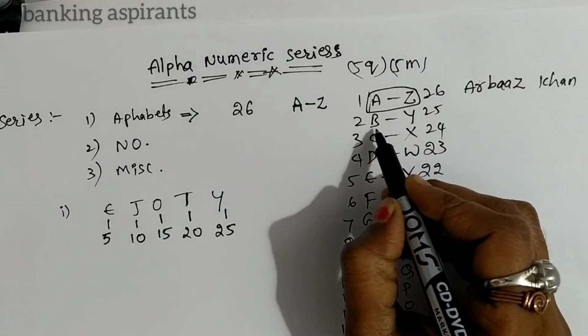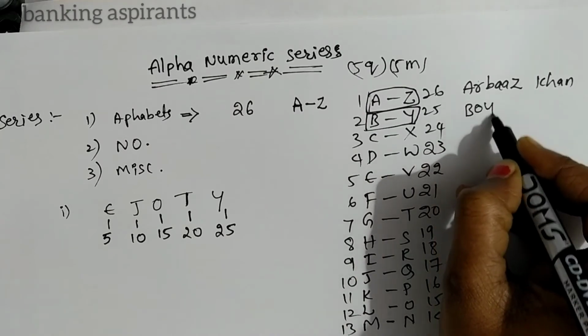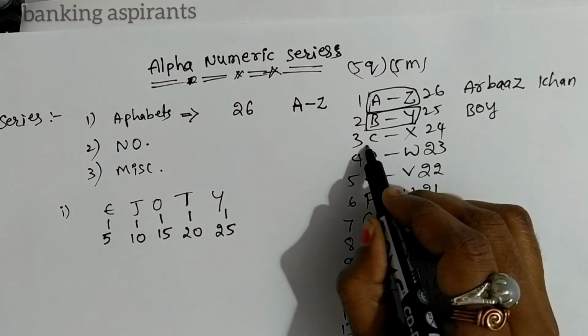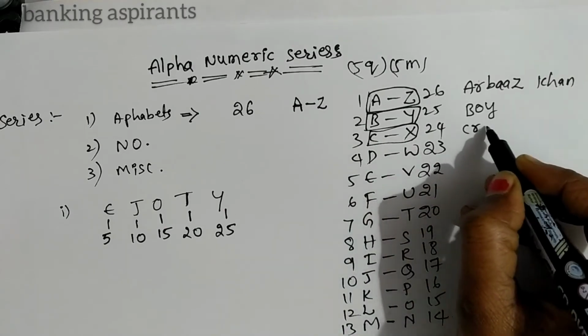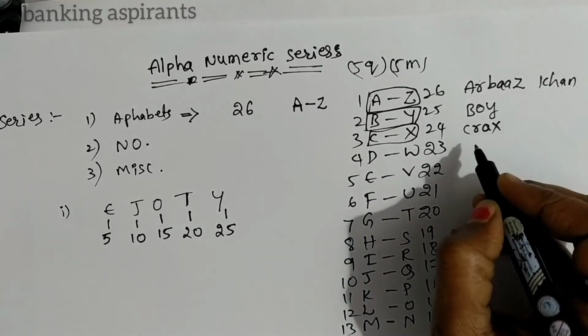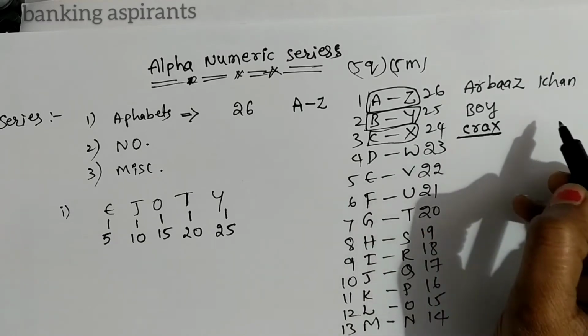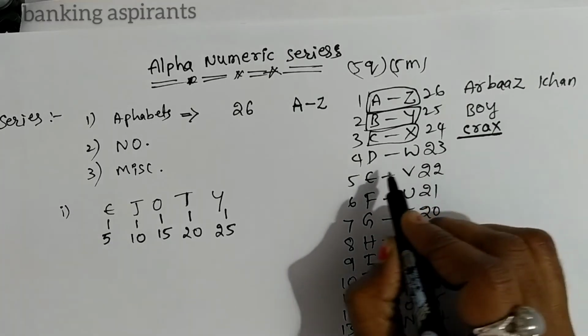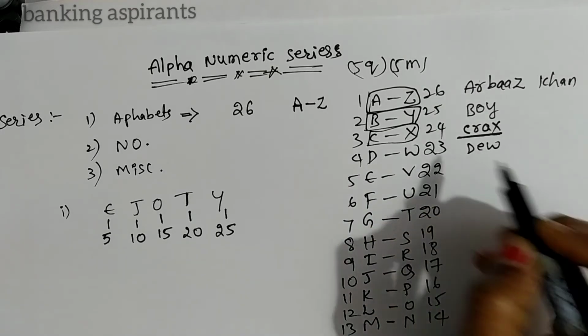Next, we know from childhood, B for boy. C and X, combination of CX: Cracks. Cracks is a brand for snacks that are made up of corns. Dew, D-E-W, Mountain Dew.